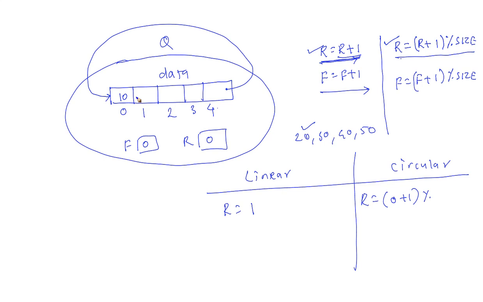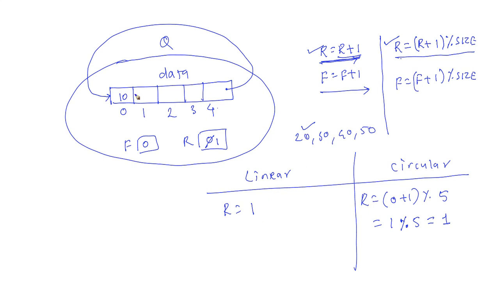Size is the size of this queue or this array, 5. So this is 1 mod 5. This mod will give us the remainder. When I divide 1 by 5, the remainder is 1. Now R is equal to 1 in this case, and in this case also R is equal to 1. By using both formulae, I get the same result.